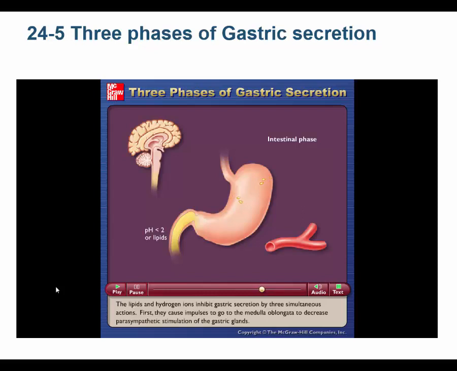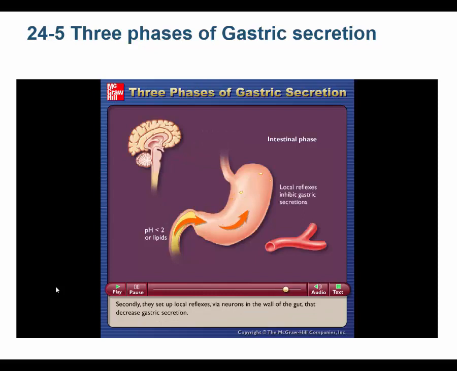The lipids and hydrogen ions inhibit gastric secretion by 3 simultaneous actions. First, they cause impulses to go to the medulla oblongata to decrease parasympathetic stimulation of the gastric glands. Secondly, they set up local reflexes via neurons in the wall of the gut that decrease gastric secretion.